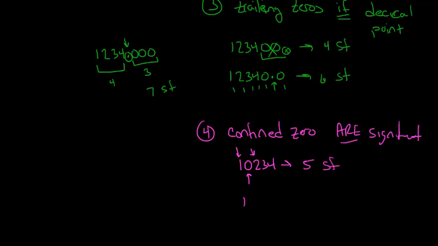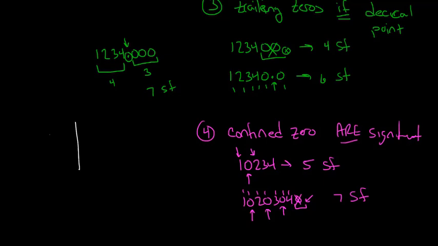If I have something like 10203040, my confined zeros are significant, so I have 3 confined zeros. I have 1 trailing 0 without a decimal place, so I don't have my decimal point here, so this 0 is not significant. So here I have a total of 1, 2, 3, 4, 5, 6, 7 significant figures. So this number has 7 sig figs.